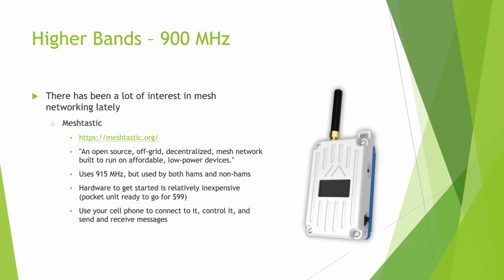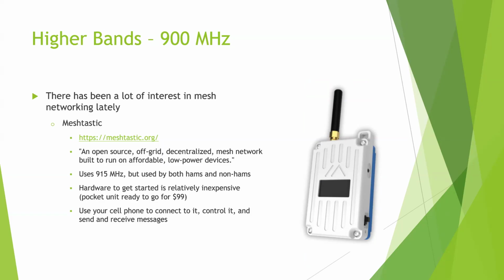What Meshtastic is using is LoRa, which is long range communications, on 915 megahertz in the US. It's on 884 or something like that in Europe. But here in the US, it's on 915 megahertz, which is in the amateur band.